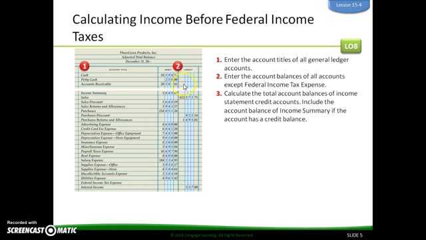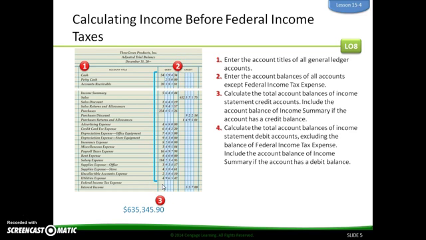And then we're going to go ahead and calculate the total account balances of the income statement credit accounts, and then we're going to include the account balance of the income summary. So you can see right here, we're going to total all these up, and then we're going to calculate the total account balances of the debit accounts for the income statement.